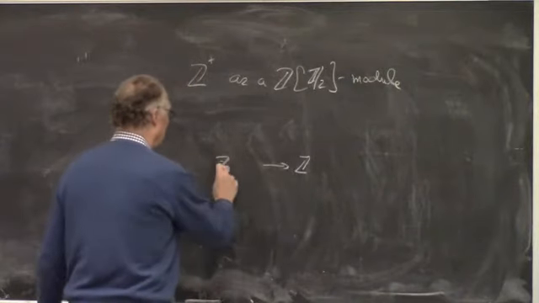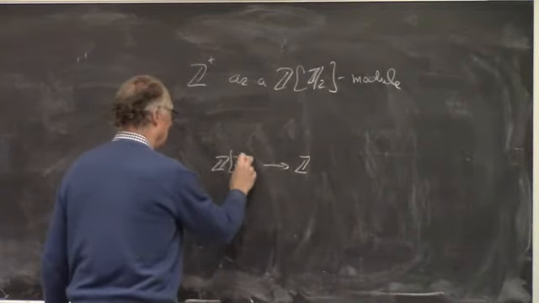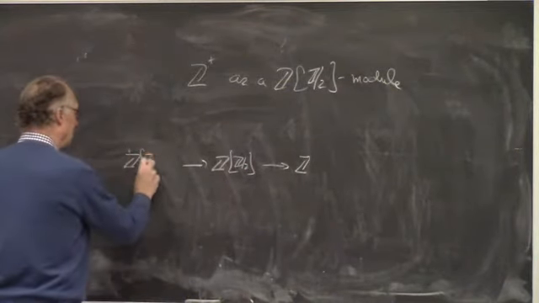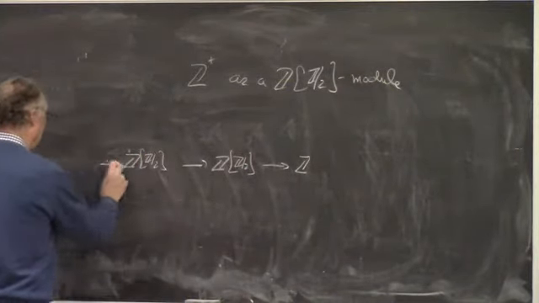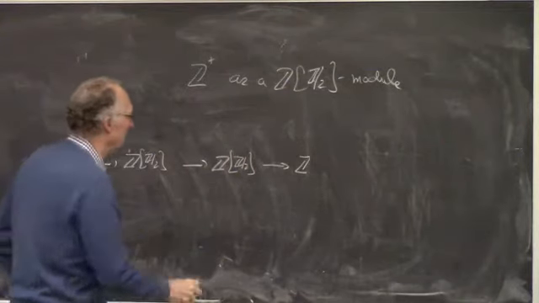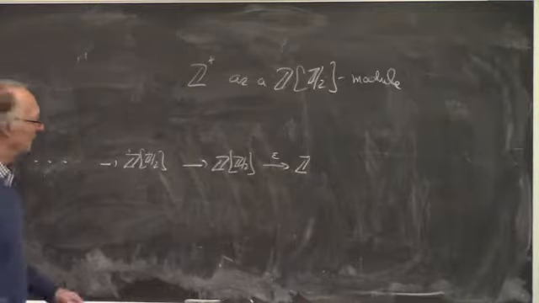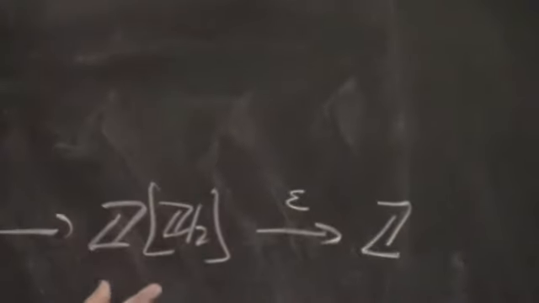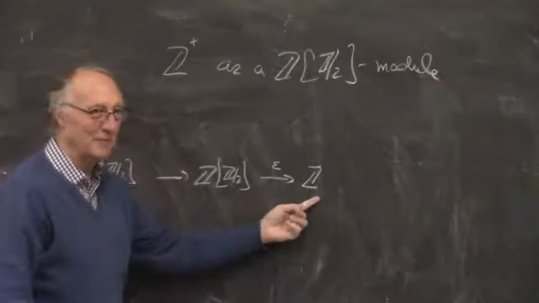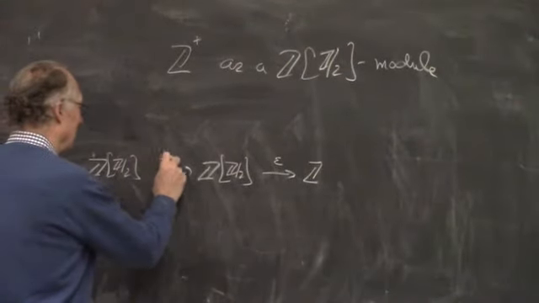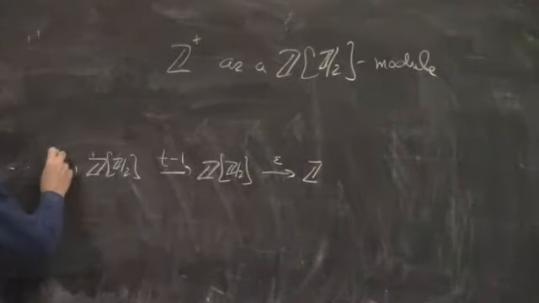So I want a free resolution. And in fact, the free resolution is going to look familiar. This is just the augmentation: given a sum of integers times group elements, you just add up the integers. And this is t minus 1, and this is t plus 1.